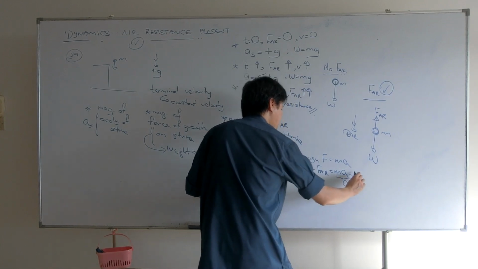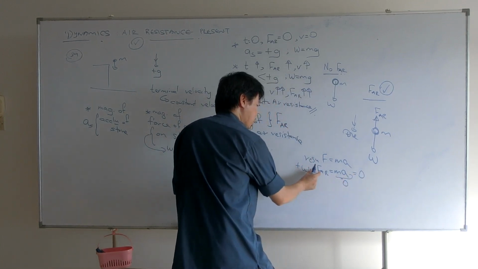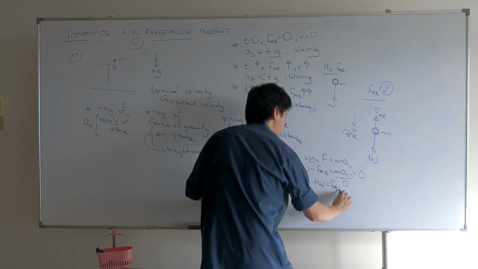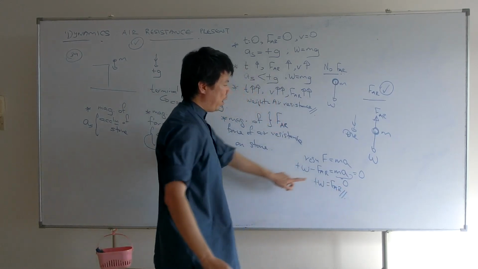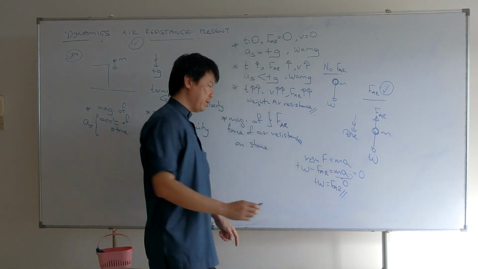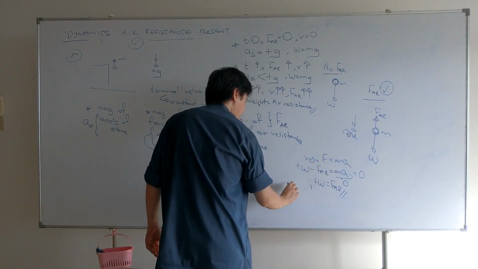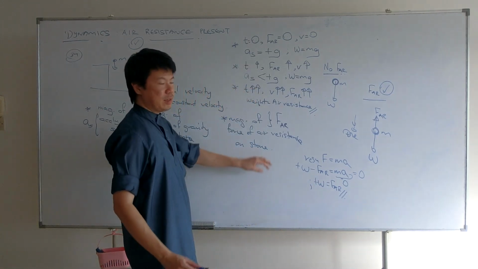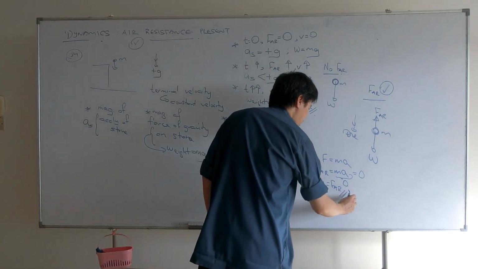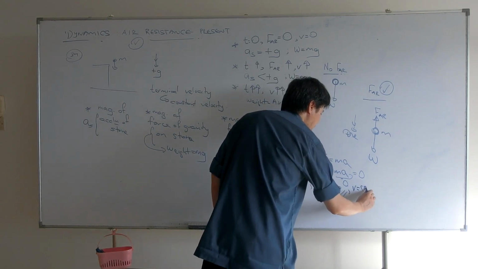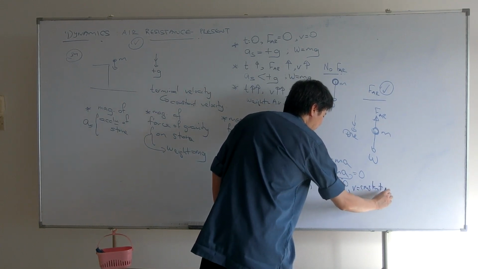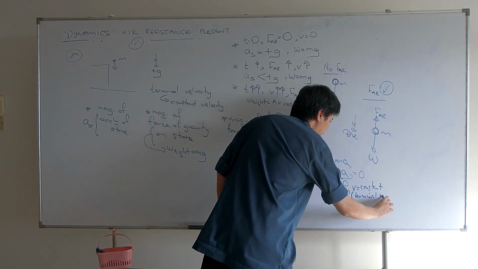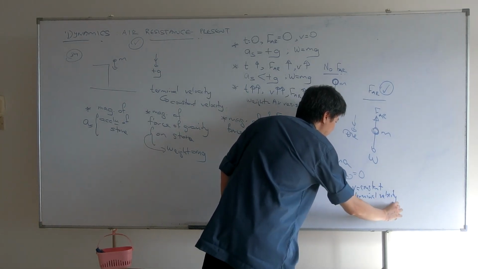Notice weight becomes equal to air resistance. When acceleration is equal to 0, what happens to your velocity? Your velocity actually then stays constant. v will then be constant and it will be known as terminal velocity.